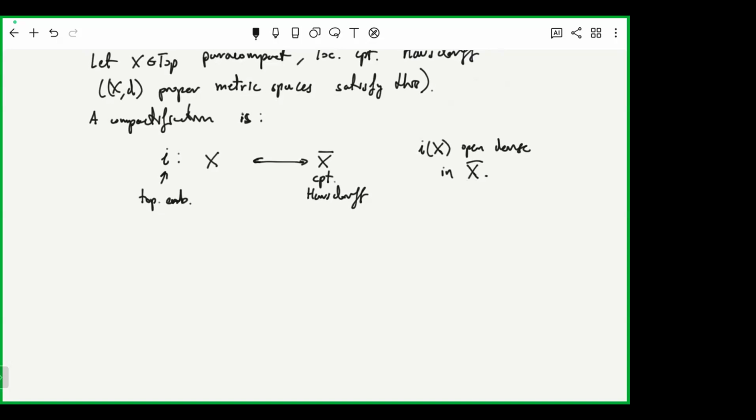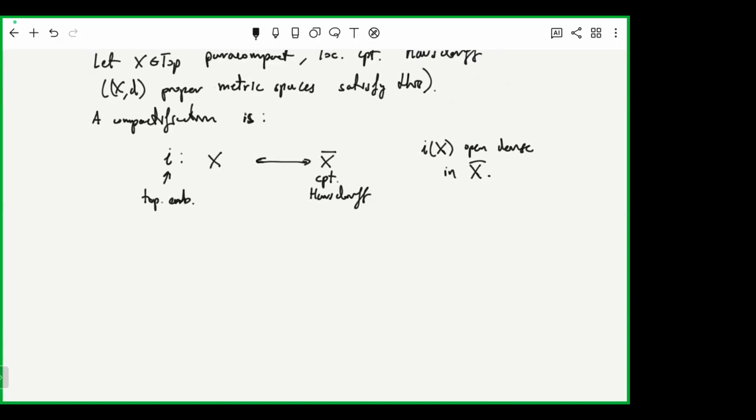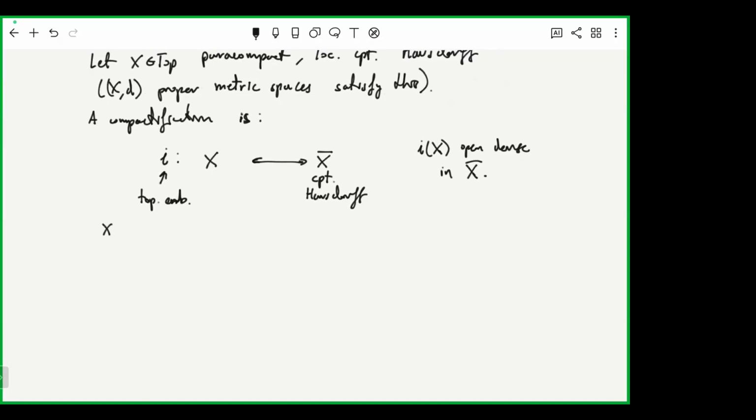Usually, one does not write this map, this embedding, and just regards X as a subspace of the compactification already. We'll just write this. So, okay, now that I have a compactification, how can I consider a coarse structure? So let's talk about the corona of the compactification.